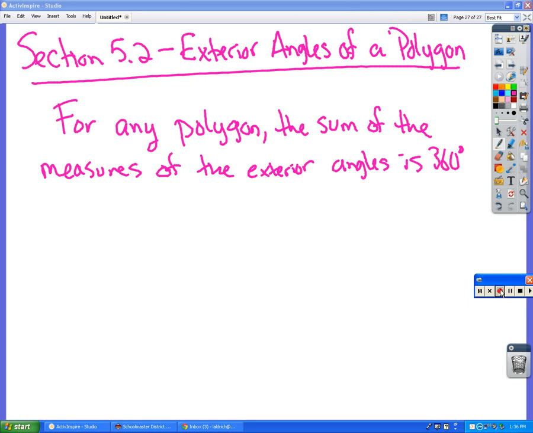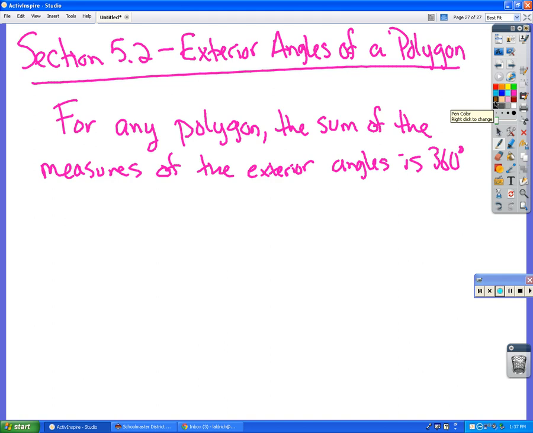And what this does is this gives us a really easy way to figure out how many sides a regular shape has if we know how many degrees one of the interior angles is.